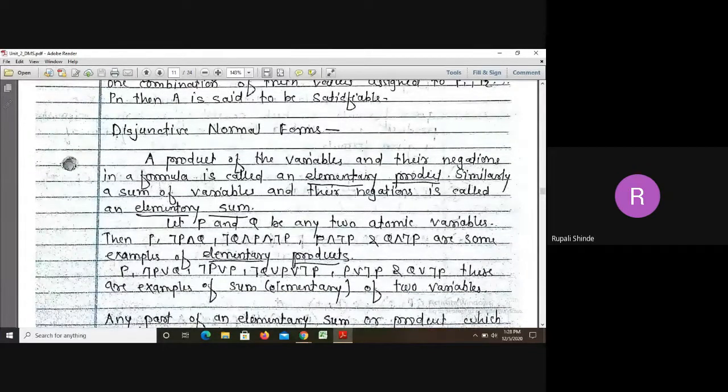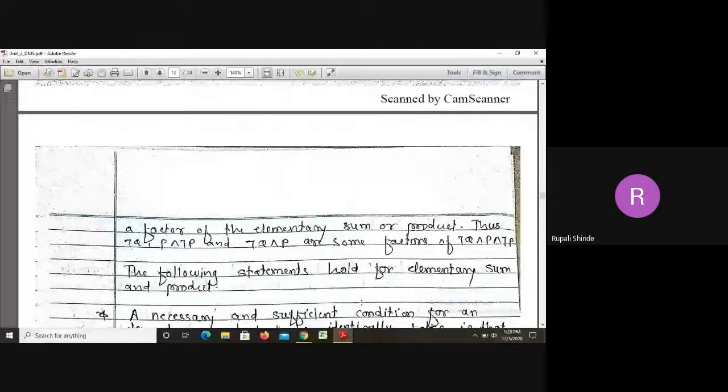Likewise, we can define an elementary sum. What is the meaning of this elementary sum? We have to take disjunction between them.